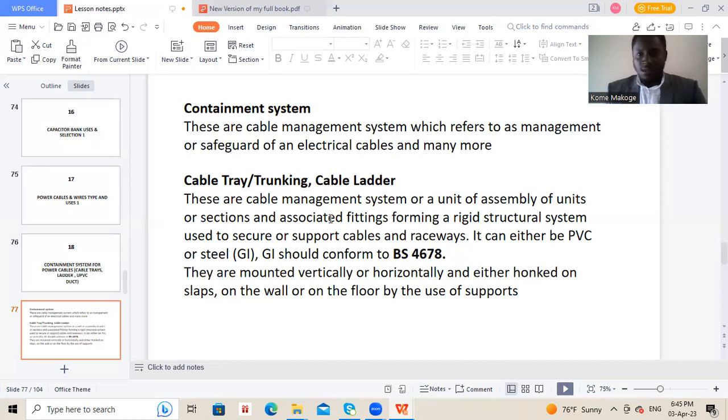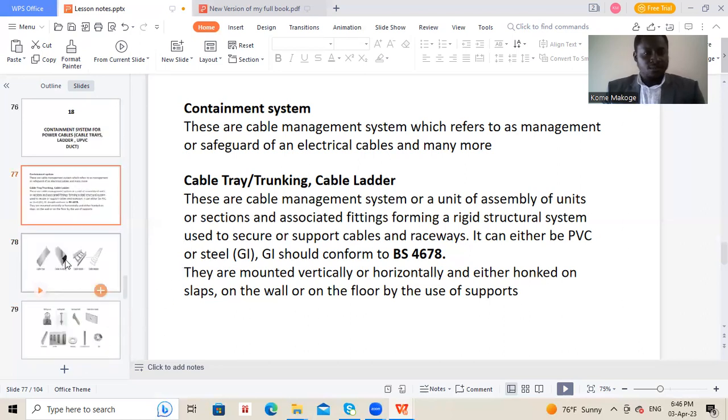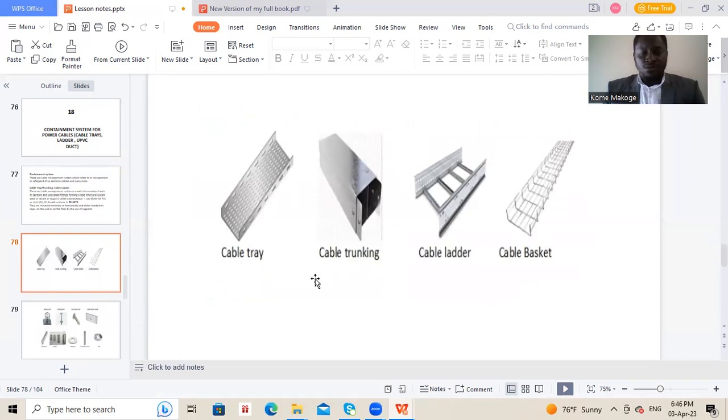In that case, we call them galvanized iron or GI, and it should conform to BS 4678. They are mounted either vertically or horizontally, hung on slabs, on the walls or the floor by using supports.